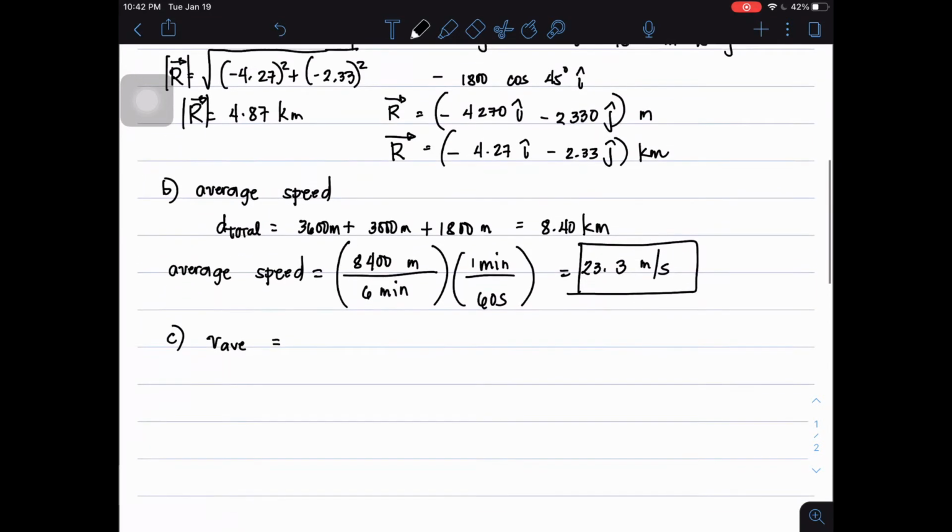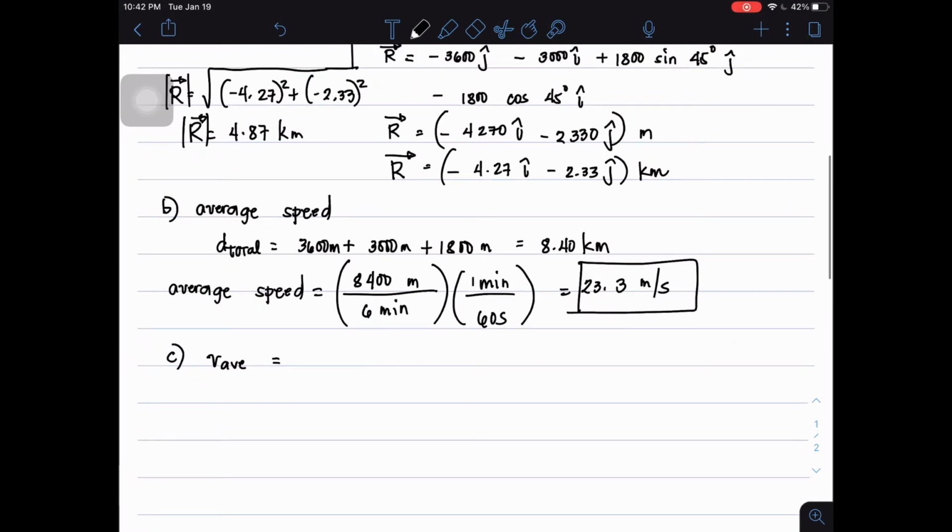So that's 4,870 meters over the elapsed time of 6 minutes, which is equivalent to 6 times 60, which is only 360 seconds. And our average velocity is 13.5 meters per second, along the direction of the resultant vector.